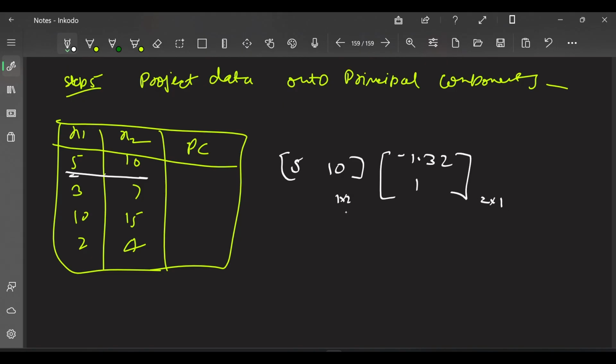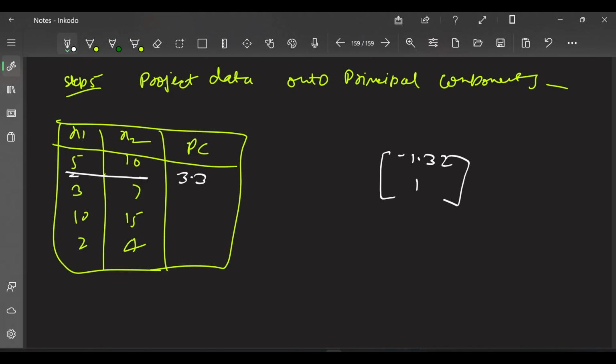So the output will be a 1 cross 1 matrix. When you calculate, the value will come like 3.3. For this you can use your calculator.